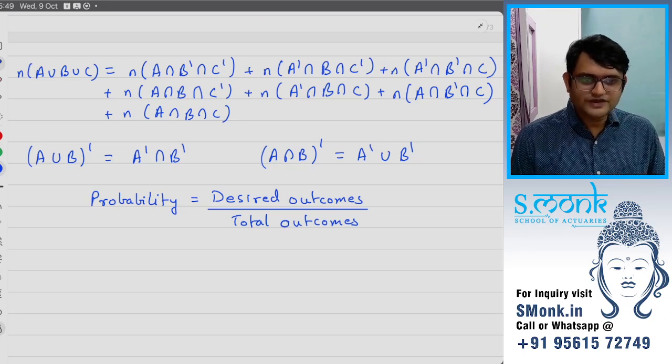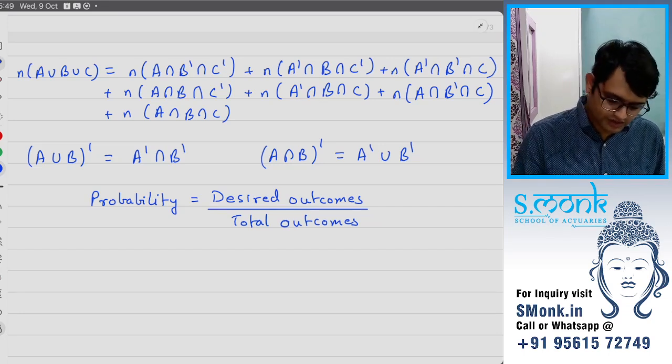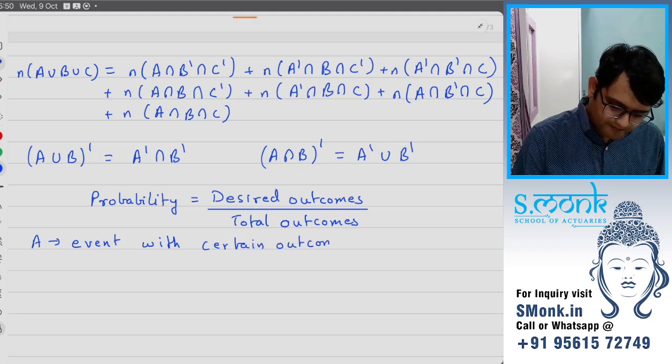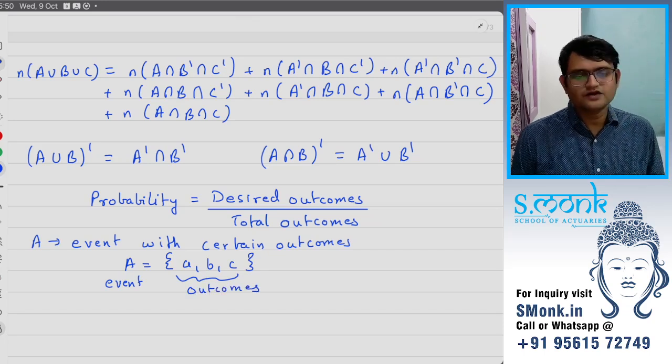So instead of sets we will have events here. So A, we'll call it an event with certain outcomes. Let's say A is represented with A, B, C. So this is an event that is occurring, and there are 3 outcomes of that event.